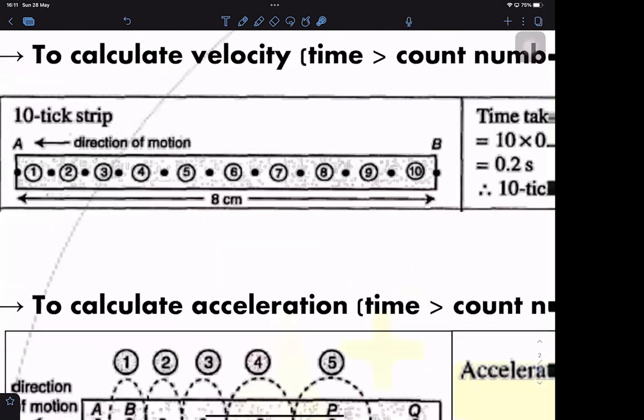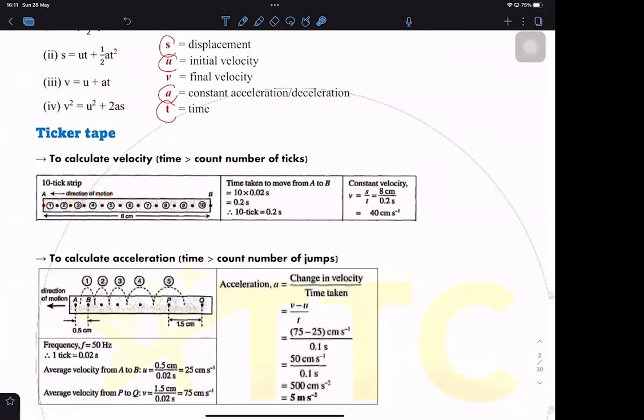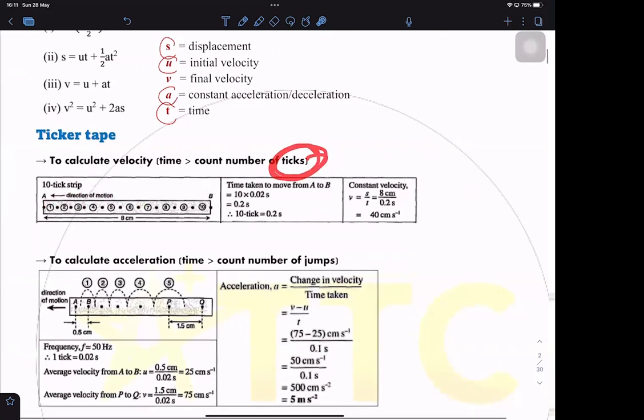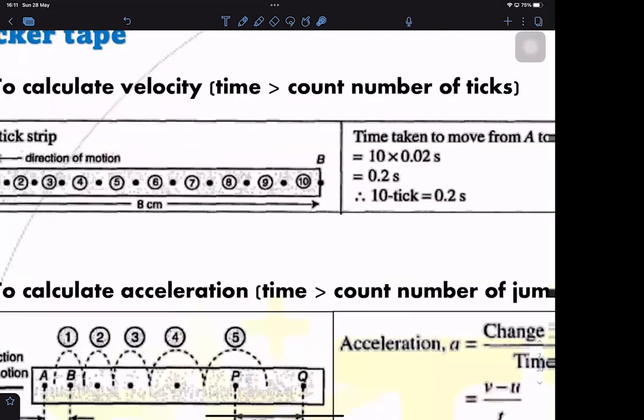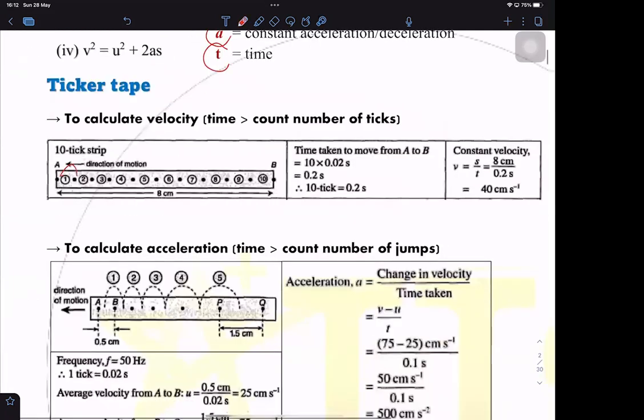You need to get the time by seeing how many jumps you have. Okay, now don't go and calculate the number of dots. You must calculate how many jumps, because this jump, we call it one tick. Number of ticks is one jump because it goes up, down, that's one, up, down, that's one, up, down, that's one. So here you have 1, 2, 3, 4, 5, 6, 7, 8, 9, 10.